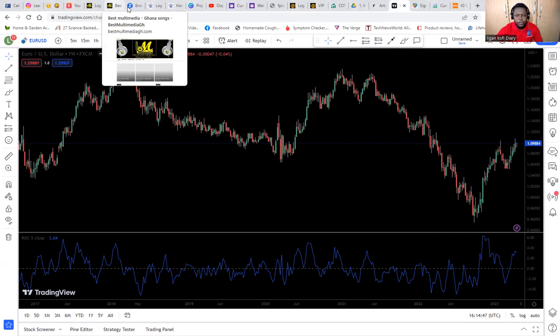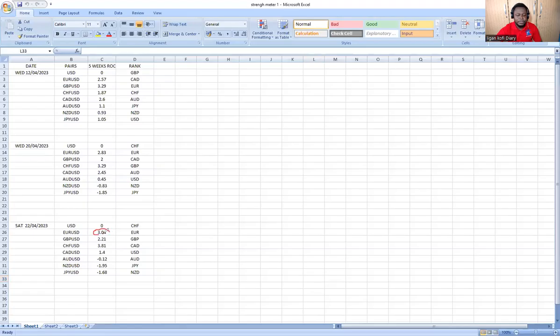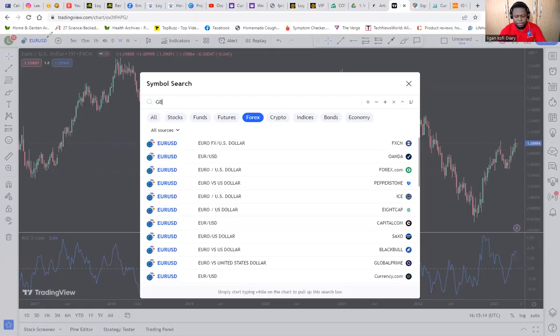So 3.04. Then you come back to the sheet and put that number there. You see the 3.04 is here, as you can see. Then you go and search for GBP USD too. You do that to all the currencies. So you look for GBP USD. You come back here, you search for GBP USD.